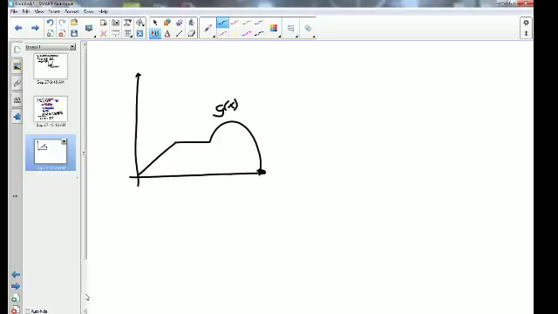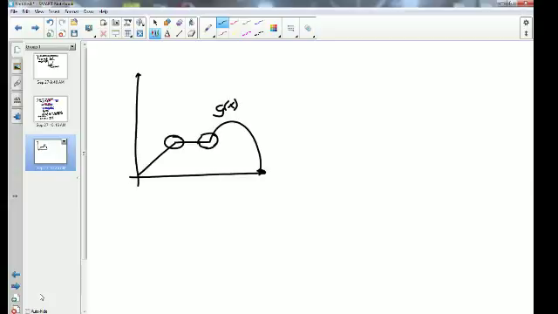The middle of the parabola, still have slope. What's the slope? 0, we're still good. Is there anywhere there's not a slope?